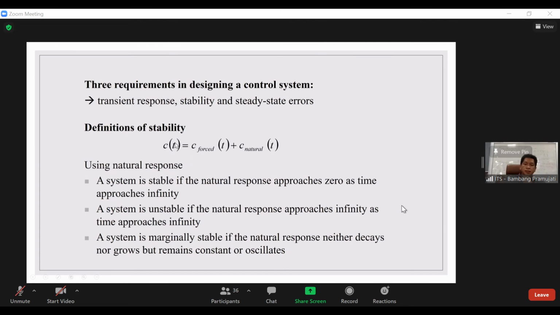Okay, I think we have discussed this already, but when we have a system, the total response of the system actually consists of these two responses. Yeah, satu first response, second one is natural response, and then based on this, you can actually define what the stability is. Yeah, Anda bisa define stability using the natural response.